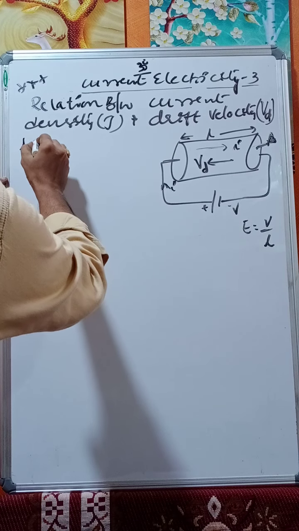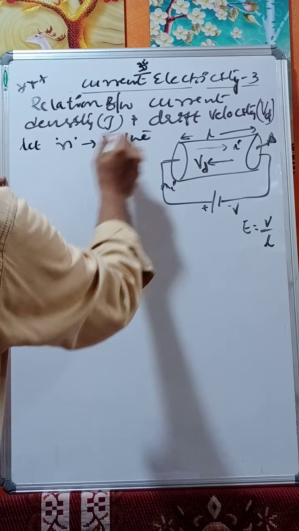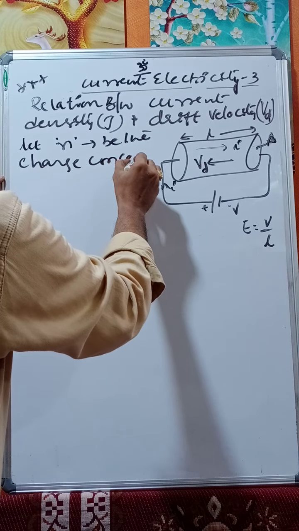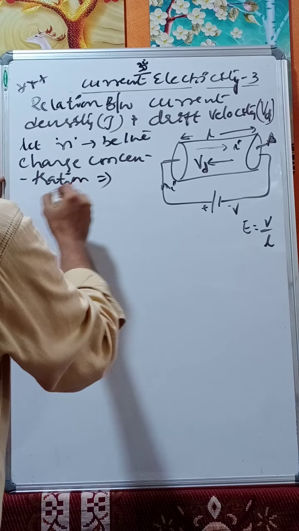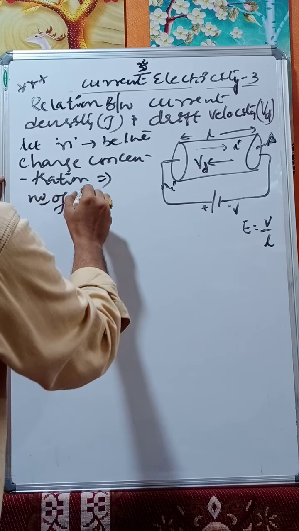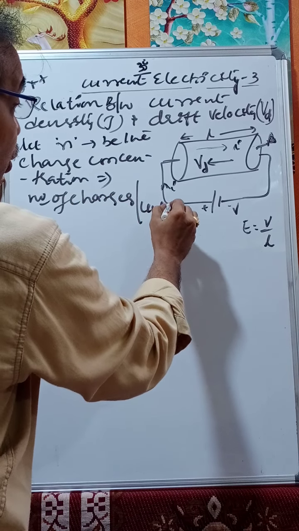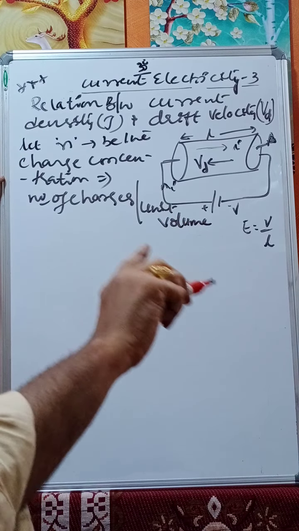Now, hear it carefully, let N be the charge concentration. That implies the number of charges per unit volume, number by volume.